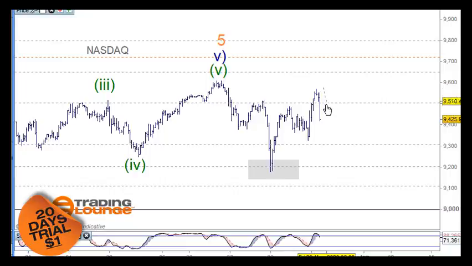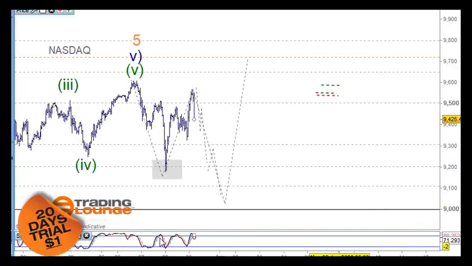So what we could get here is 1, 2, 3, 4, 5 here for some sort of A wave, B wave, and C wave here, and then up from that point. As it stands at the moment, I mean, it's a long way off here, but that high here, that's significant.